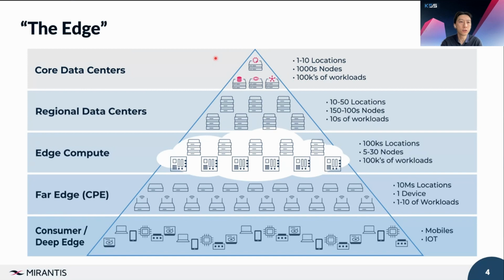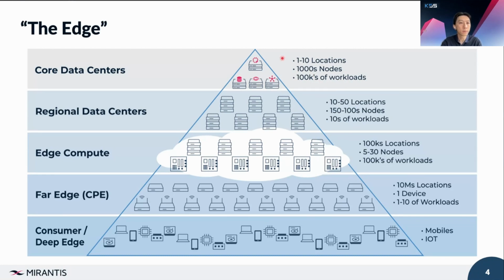This is generally your most powerful compute. There are going to be fewer locations, each of them with several nodes and workloads. And this is really the primary host for your large scale applications that could process things, serving users worldwide, and things such as data processing, backup, disaster recovery, and so on.